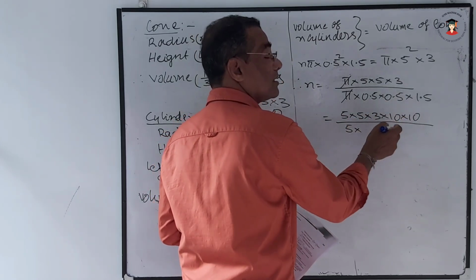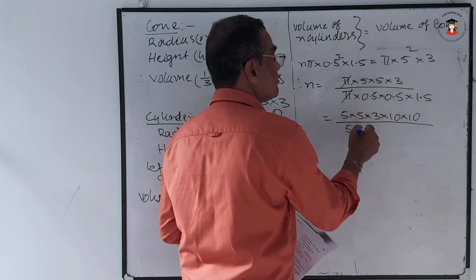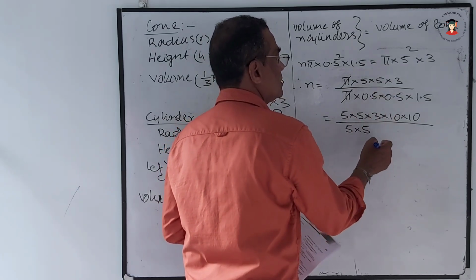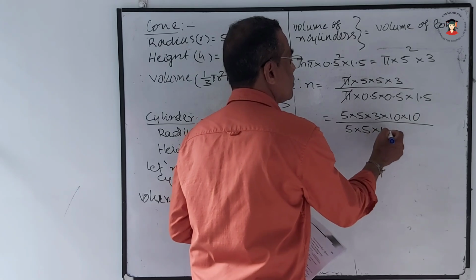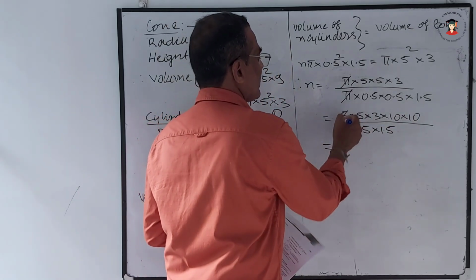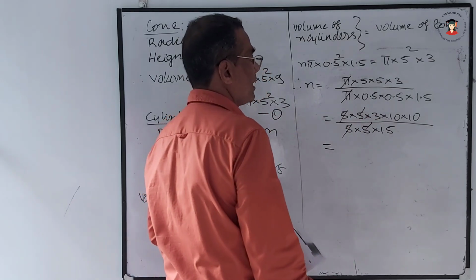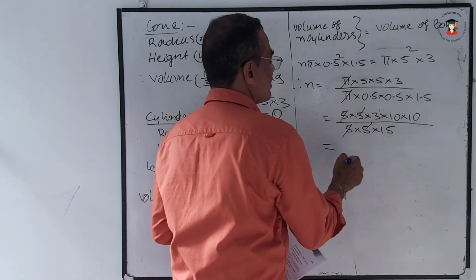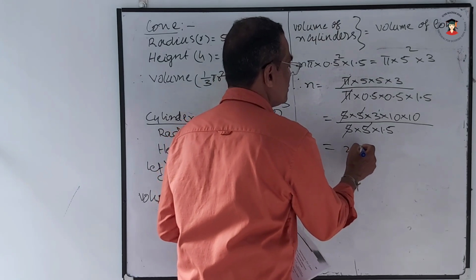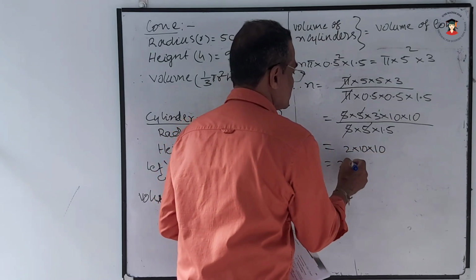And there is one more 10 I need to multiply the denominator, then this 0.5 will become 5. And here we have a 1.5. So 5 go 5 5, all this will give you 1. 3 divided by 1.5 will become 2. 2 into 10 into 10, that is 200 numbers.